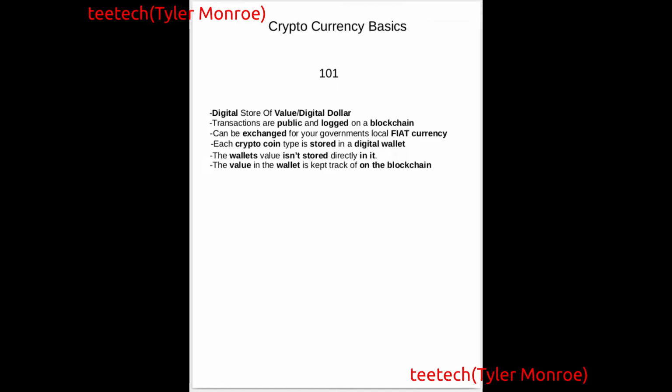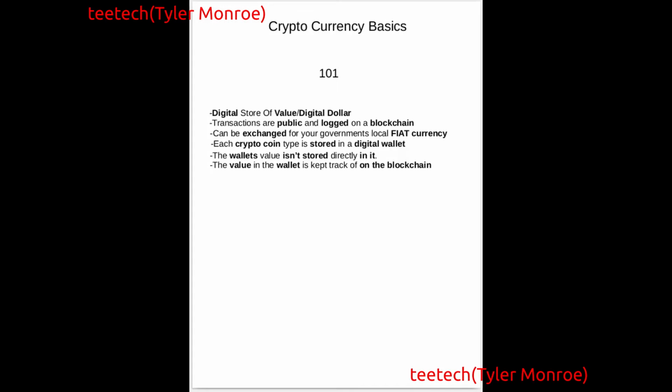So the wallet's value, this is where it really gets interesting. It is not stored in it, at least not directly. The value of the wallet is actually kept track of on the blockchain. So you cannot have a wallet independent of a blockchain. It just doesn't work that way. The blockchain keeps track of every user's wallet of that cryptocurrency, and its job is to keep track of what value each wallet has.